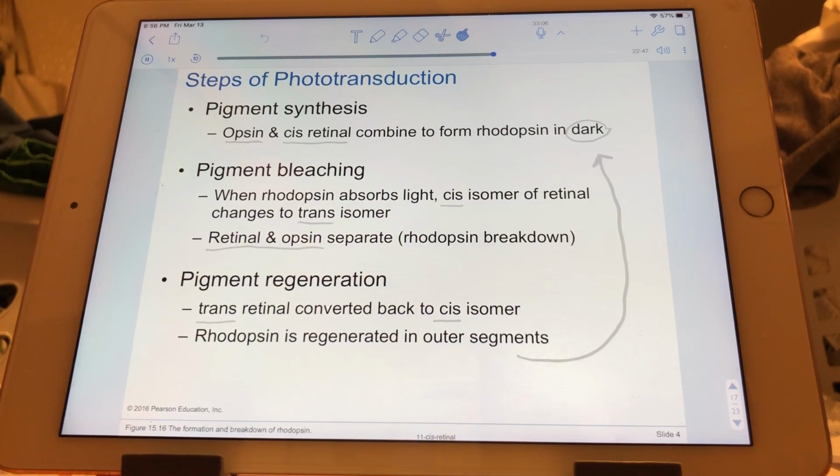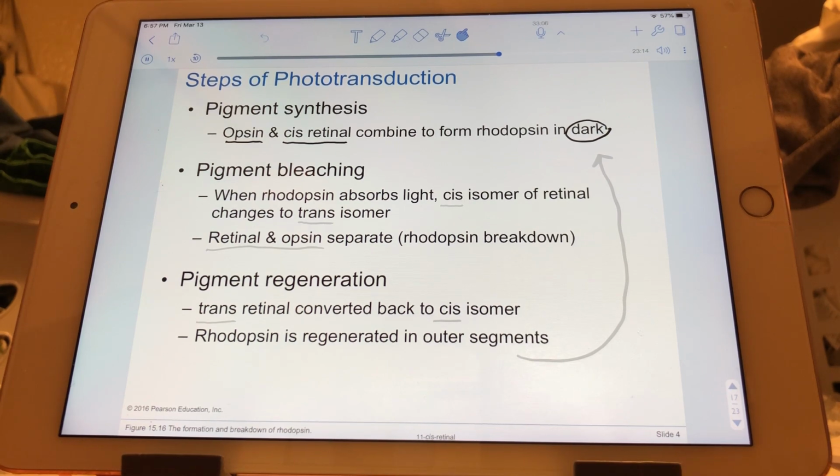We generate that photopigment, we synthesize that photopigment when opsin, in this case a rhodopsin, okay, and the cis form of retinol combine, okay? And that happens, of course, in the dark. How can I tell? Well, cis is the dark form of retinol, okay?